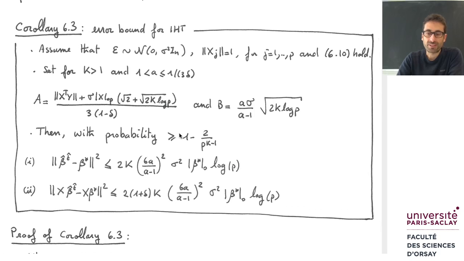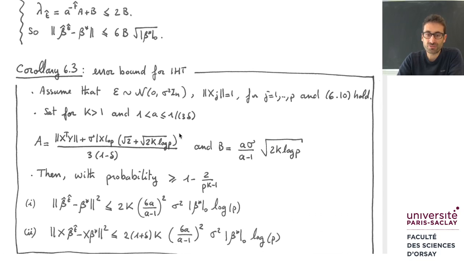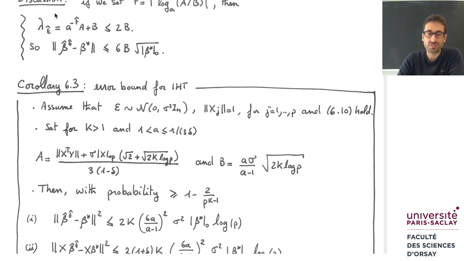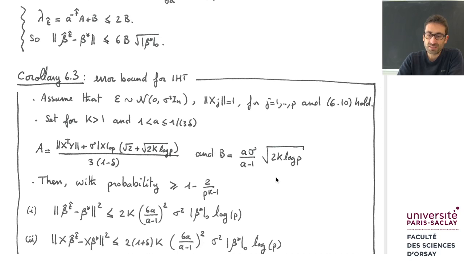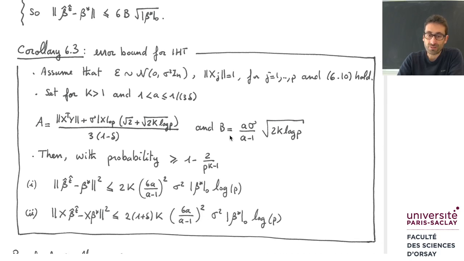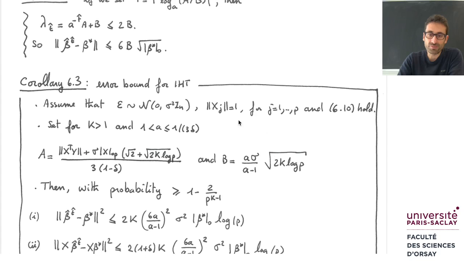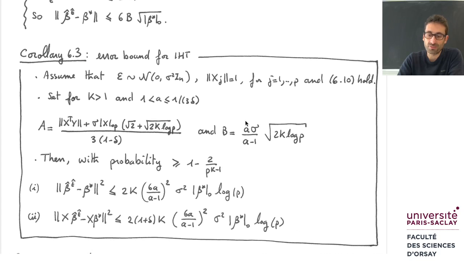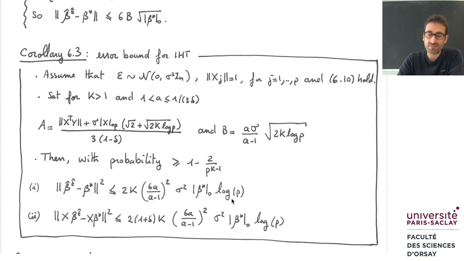So first, as I have said, for this choice here of lambda t, we have that this value of b, with this value of a and b, so we only need b because here we only have b in the bound, will give us this upper bound, right?